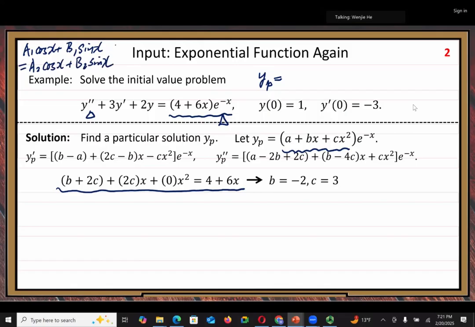If we know this equality is correct for all x, then the conclusion is A1 must be A2 and B1 must be B2. That's what we used in the previous example.